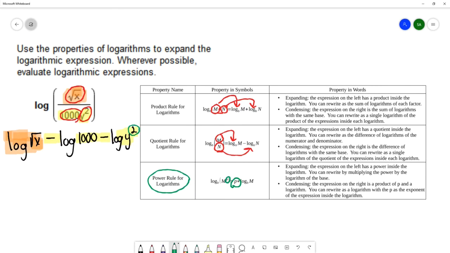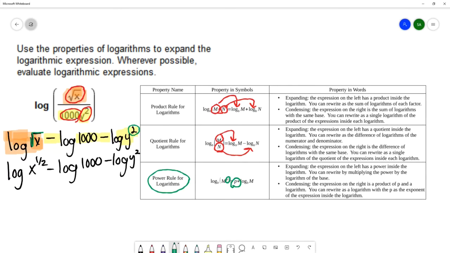But we also have on this first term a radical, and radicals can be written as powers. This radical is a square root, and so we can write this as the 1/2 power. So we're going to write this as log of x to the 1/2 minus log of 1,000 minus log of y squared.